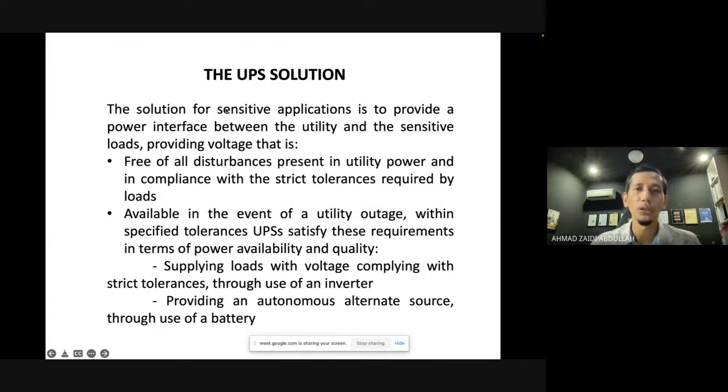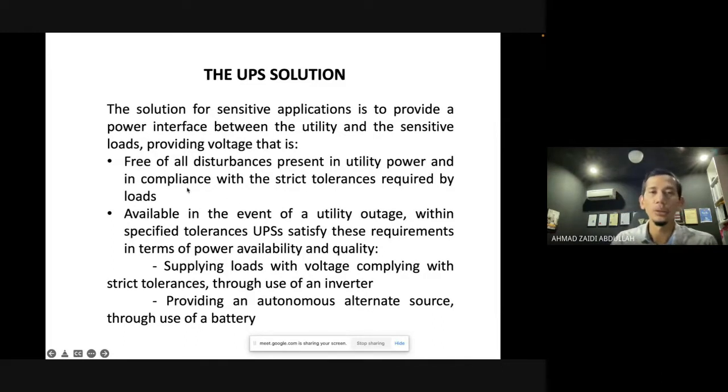The solution for sensitive application, the word sensitive application is easy, because normally with UPS we are dealing with very rare applications. To provide a power interface between the utility and the sensitive load, providing voltage that is free of all disturbance present in utility power and in compliance with the strict tolerance required by the load.